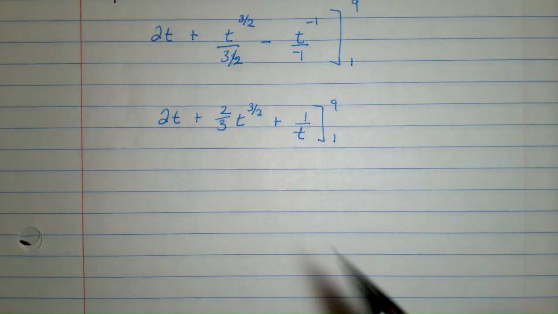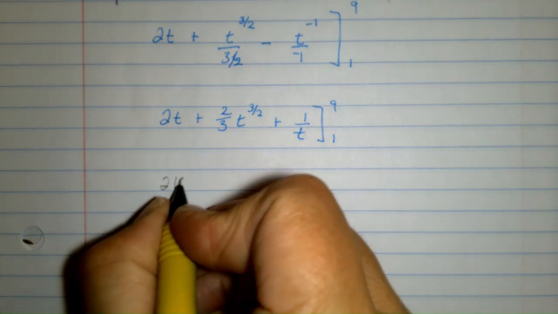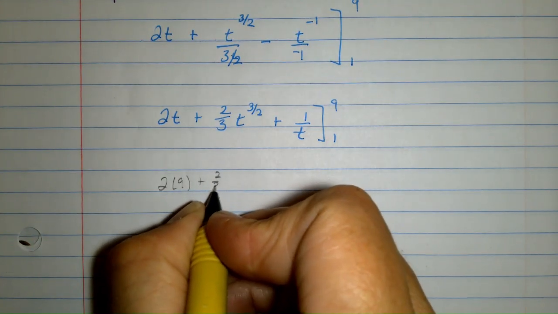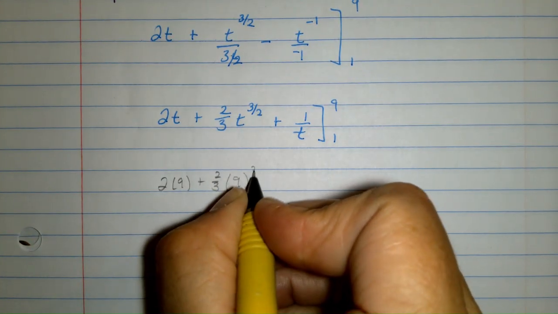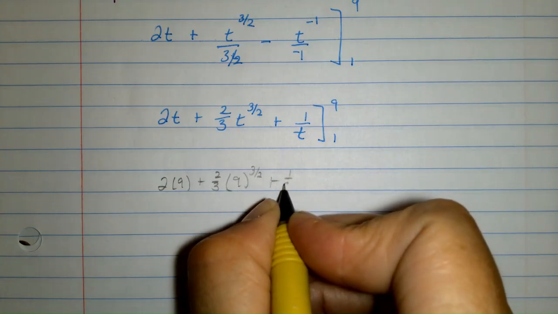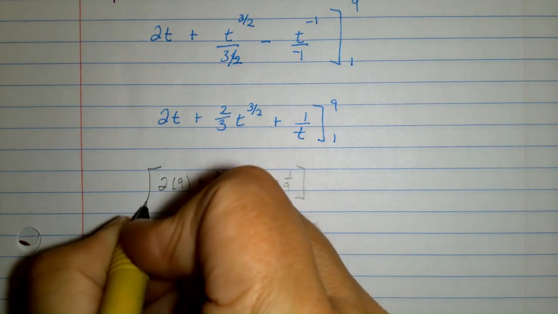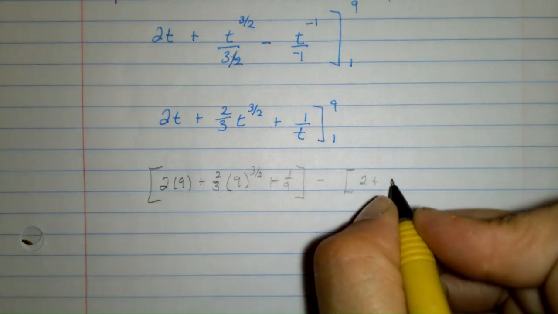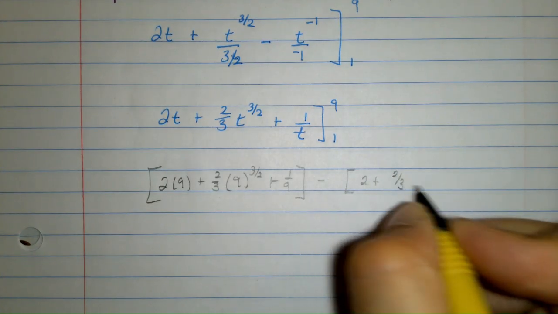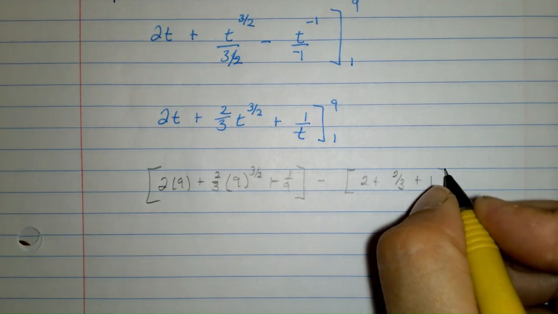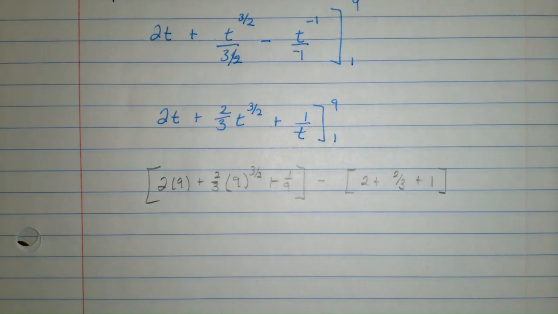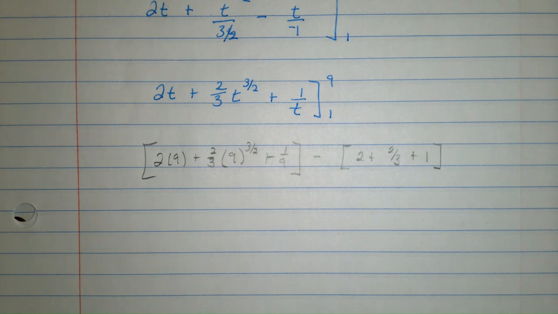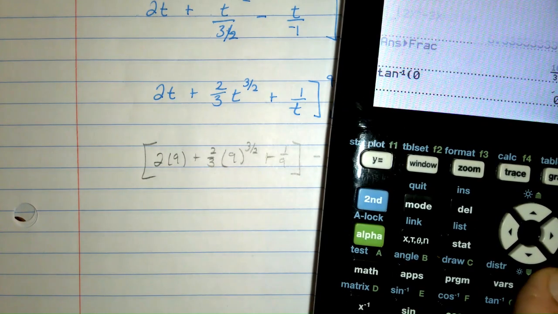So we're going to do 2 times 9 plus 2/3, 9 to the 3/2 plus 1/9, all of that minus 2 times 1, 2/3 times 1 in any power plus 1 divided by 1, right? Okay, so in case you don't love these numbers, right?